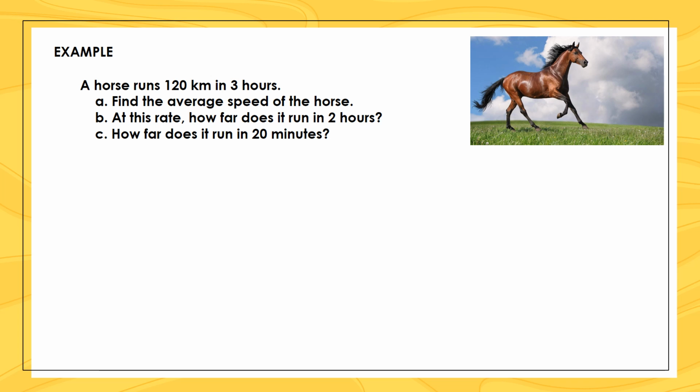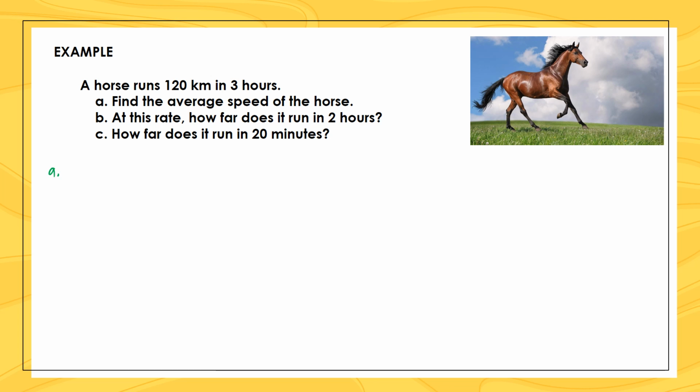Okay, so here's the solution for letter A. Find the average speed of the horse, and we all know from the previous slides, average speed is equal to the total distance traveled over the total time taken.